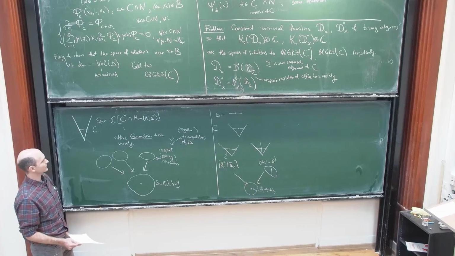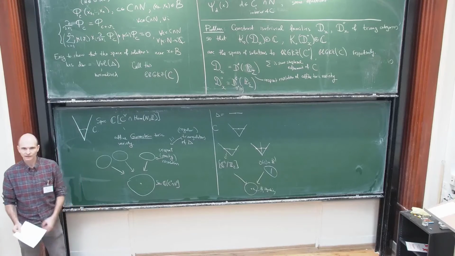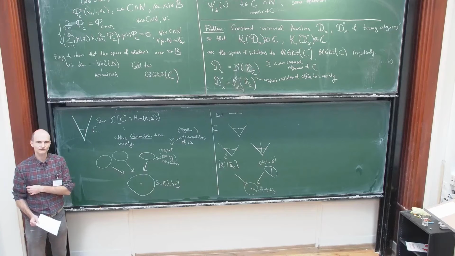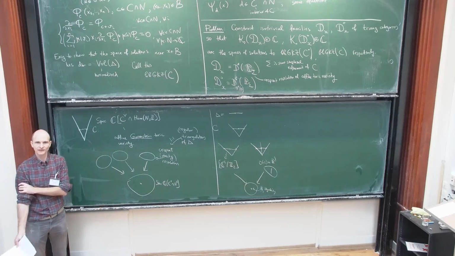Physically, it's kind of a rough approximation to the true moduli space. So you have to kind of believe me that there is more to physics than just variations of GIT.